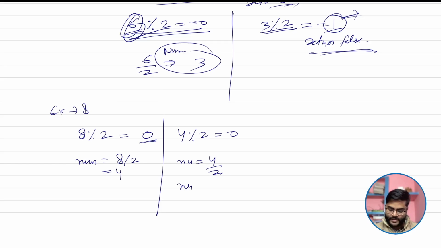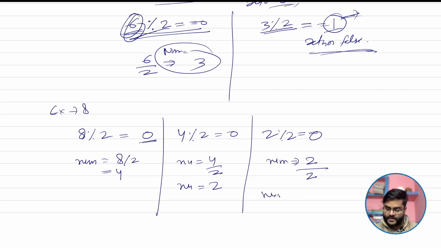Your number will be 2. Again do 2 mod 2. It will be 0, so again divide your number. 2 divided by 2 will be 1. As soon as you reach 1, it means that your number is a power of 2.